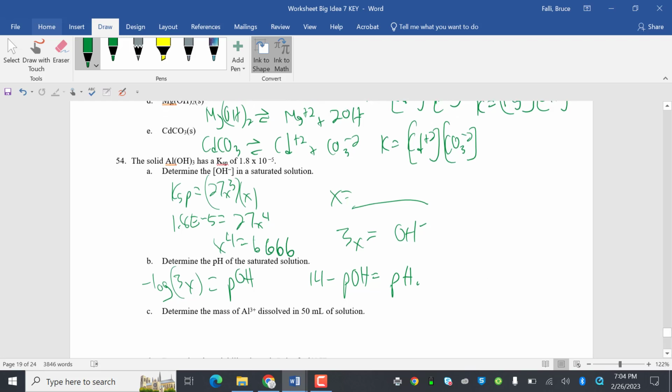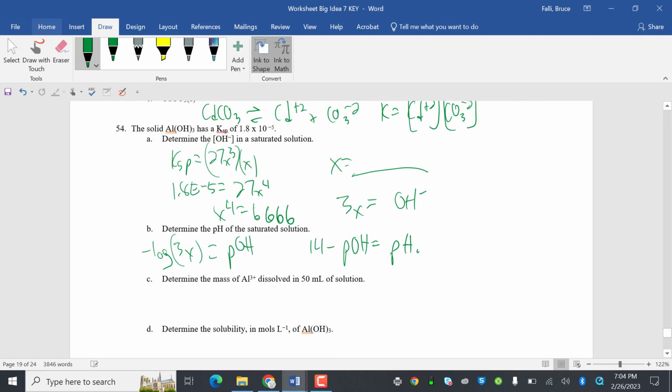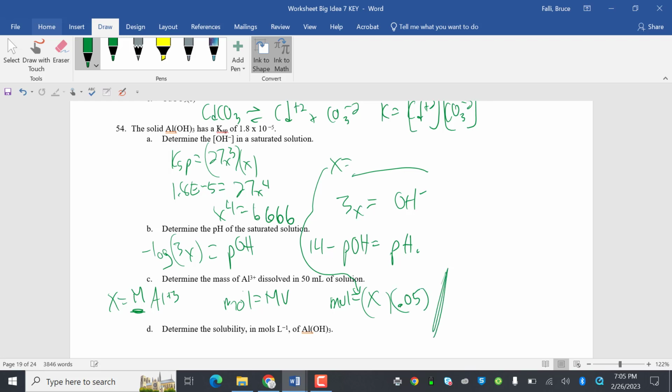Determine the mass of Al 3 plus dissolved in 50 milliliters of the solution. So X is going to be the molarity of Al 3 plus. Moles equals molarity times volume. So moles are going to equal this X times 0.05, and that will give you an answer in moles.